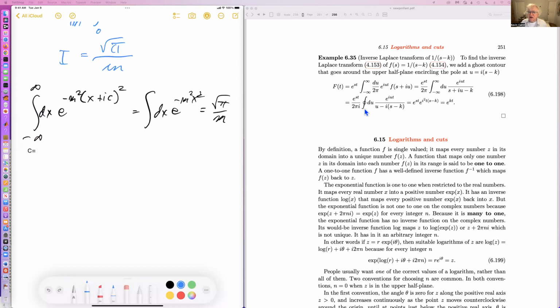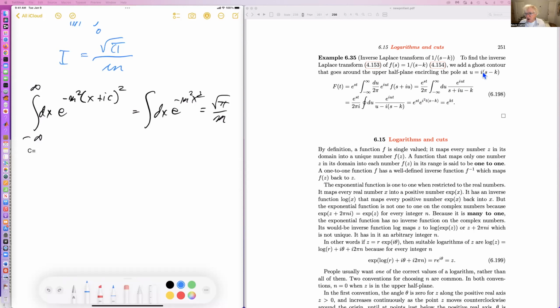And we're integrating u along the real axis. I mean, since it's iu, we're effectively going up the imaginary axis, but as a u integral, it's along the real axis. Then we add a ghost contour that goes around the upper half plane.